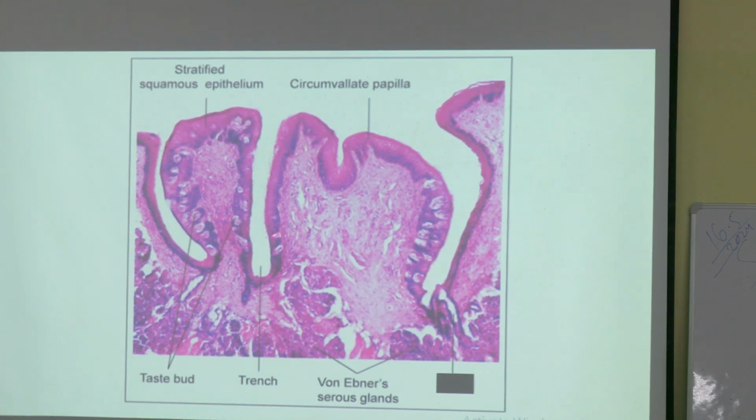Look, these are the taste buds. Now what is the structure and function of the taste buds? Already we have discussed. And this is the circumvallate papilla. The center is made up of connective tissue, and this is the lining epithelium. So that is all about the microscopic structure of the tongue.